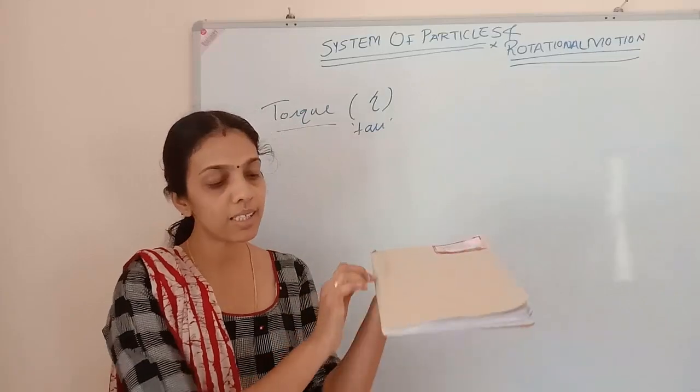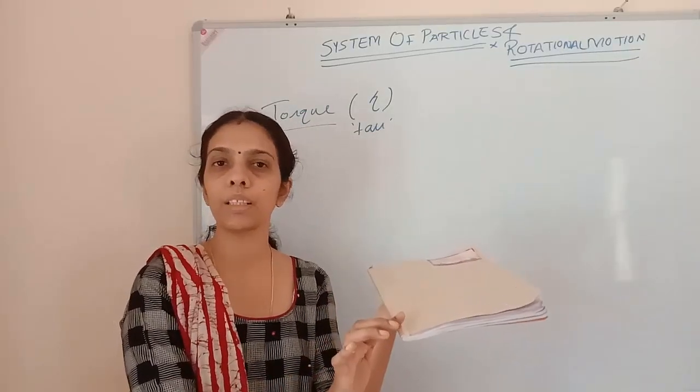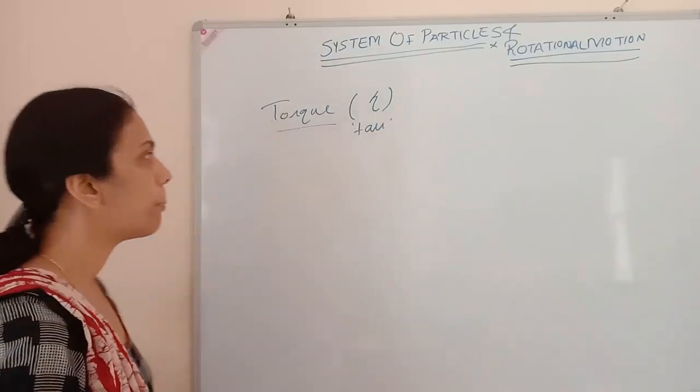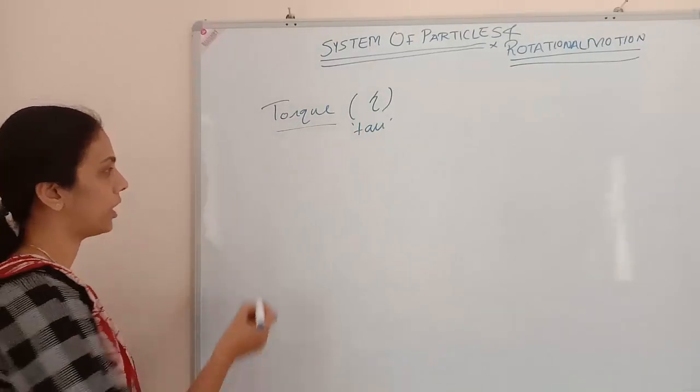This fixed axis is the axis of rotation. The hinges will be the axis of rotation. Clear? So it depends on the distance from the axis of rotation.